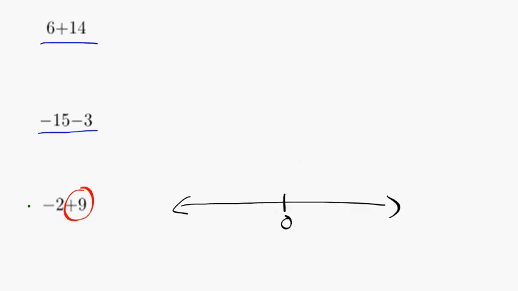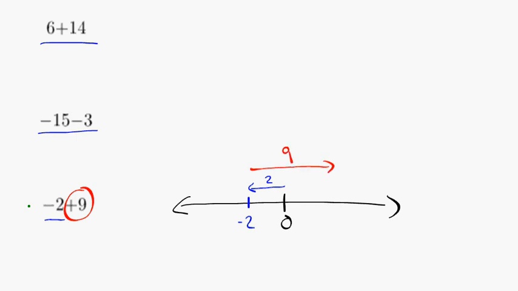So let's see how this one works out. We are at a negative 2 to start. So there's our arrow for negative 2. It has a length of 2. And then we are adding 9. So we're going to the right 9. Showing that one a little bit longer because it's a bigger number.